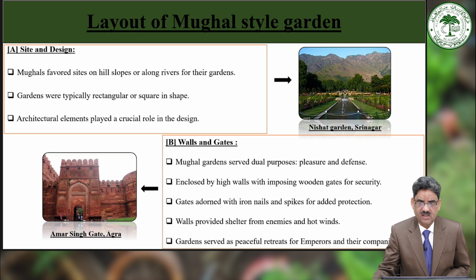In terms of walls and gates, Mughal gardens served dual purposes, offering both pleasure and defense. They were enclosed by high walls featuring imposing wooden gates for security, adorned with iron nails and spikes to enhance protection.